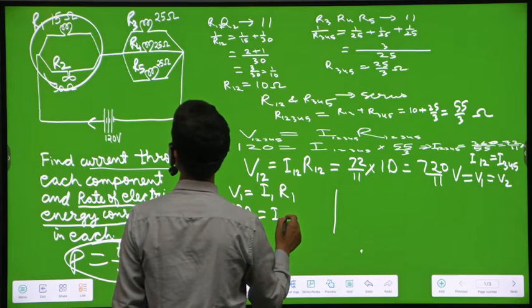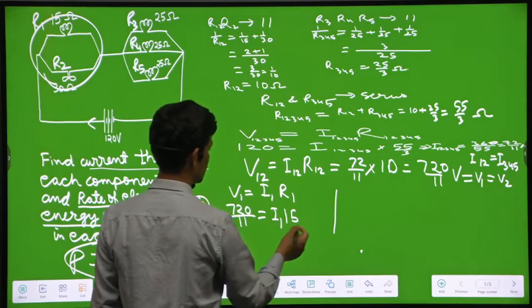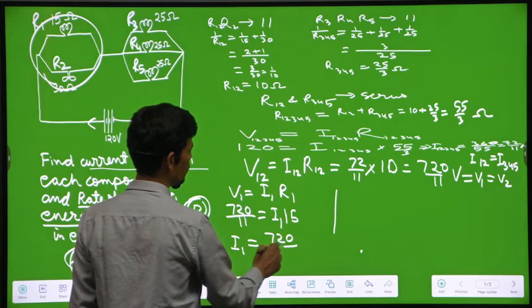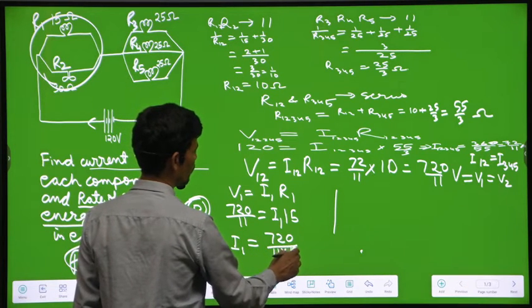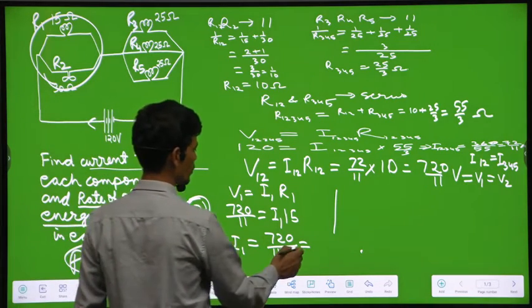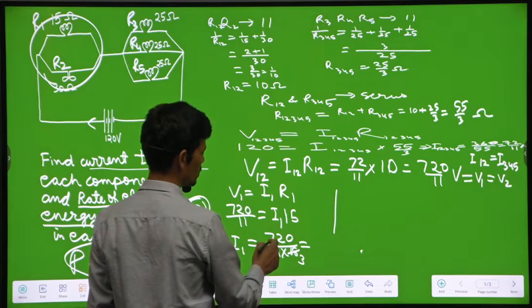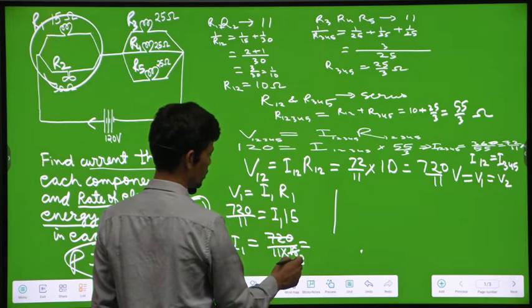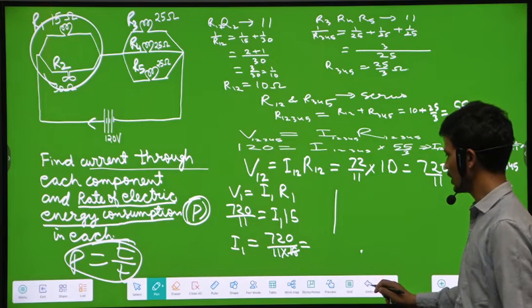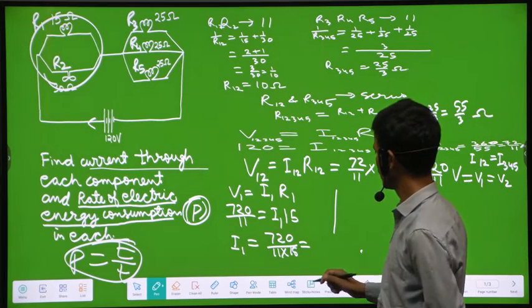R1 we know is 15, so I1 will be 720 divided by 11 multiplied by 15, it is getting cancelled by 15.